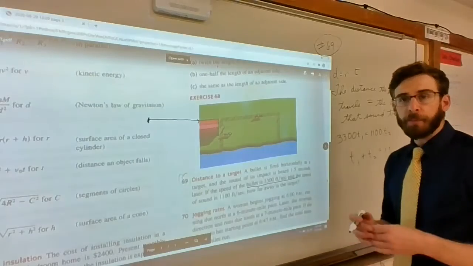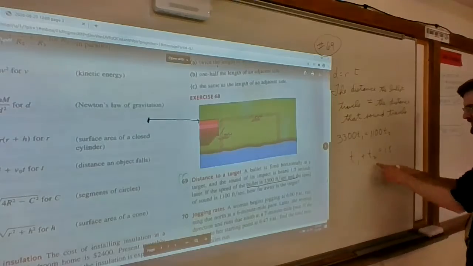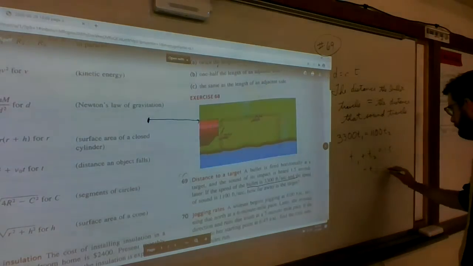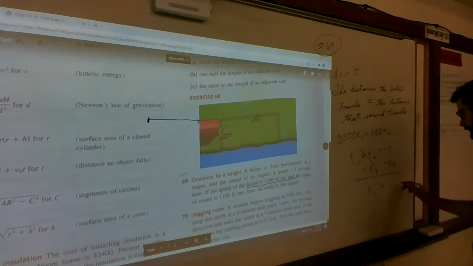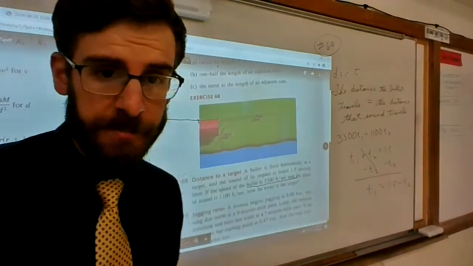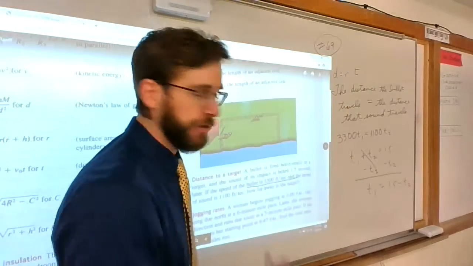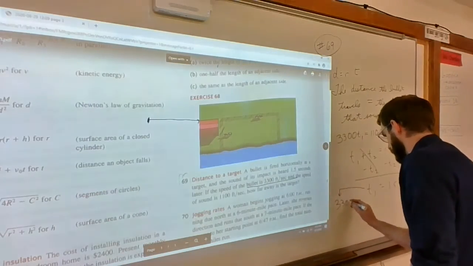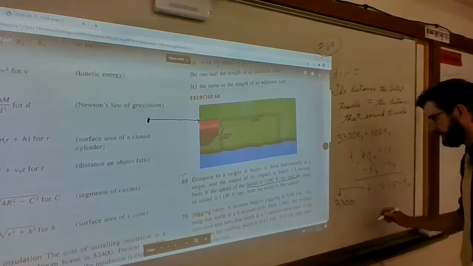I'm just going to arbitrarily say I'm going to get T1 by itself or T2 by itself. Eeny, meeny, miny, T2. I'm using the substitution method to solve a system of equations, which means I take my first equation, 3,300, and now instead of T1, I'm going to plug in 1.5 minus T2. You know what?